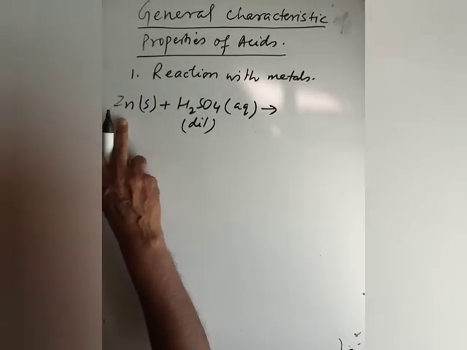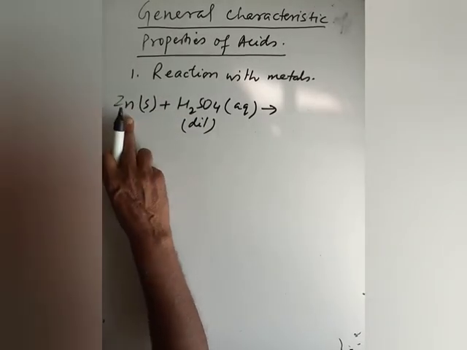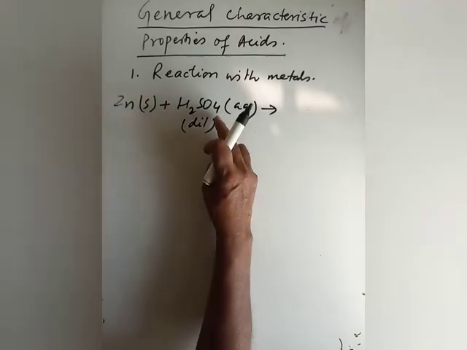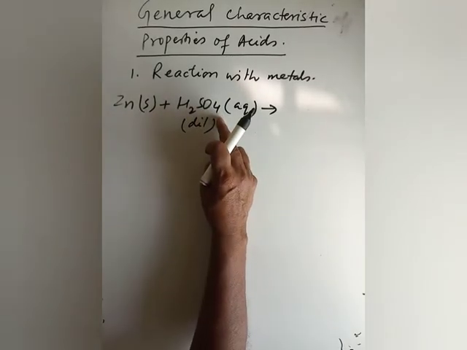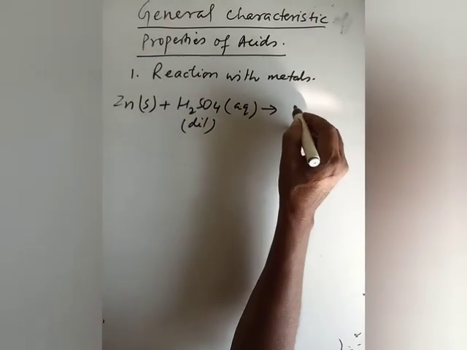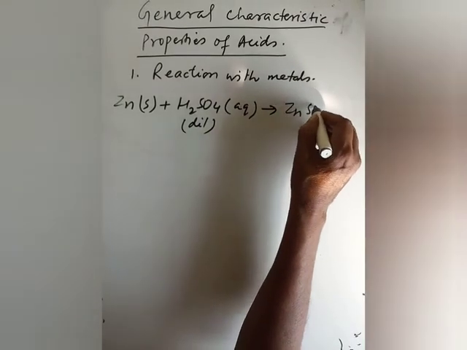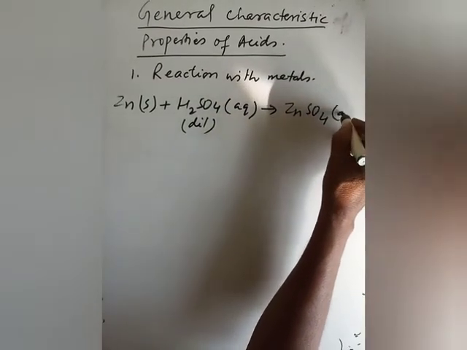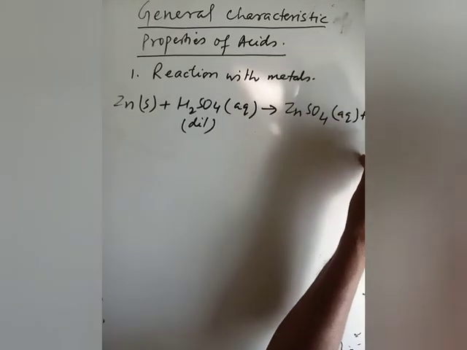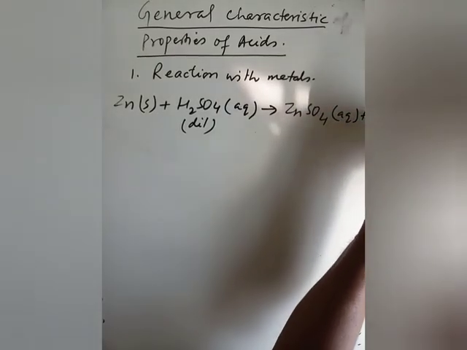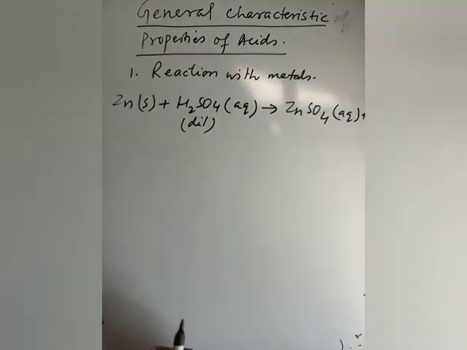Zinc is a metal, so it is a positive radical, and this is a negative radical. So zinc will react with sulfate to form zinc sulfate. Zinc sulfate is aqueous, and hydrogen gas you will get. This is hydrogen gas.